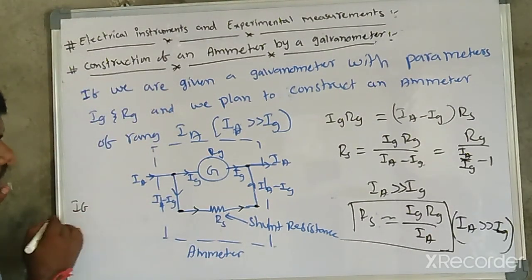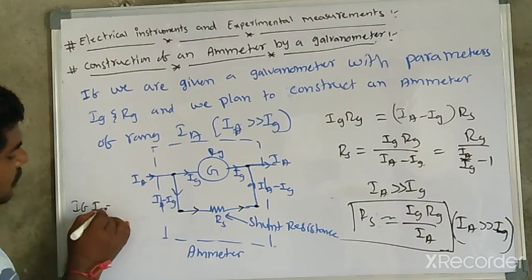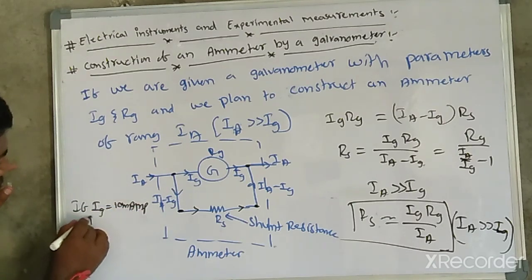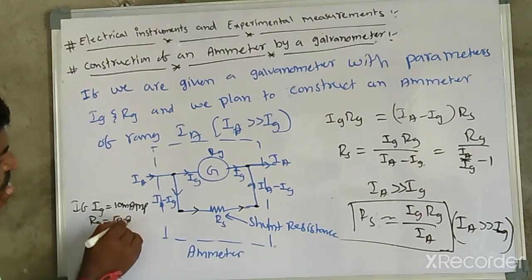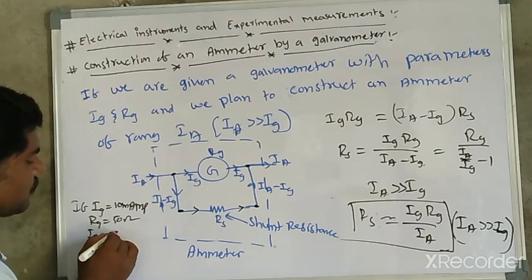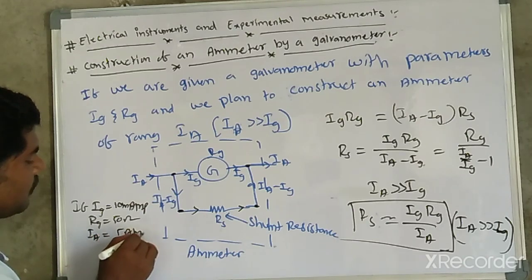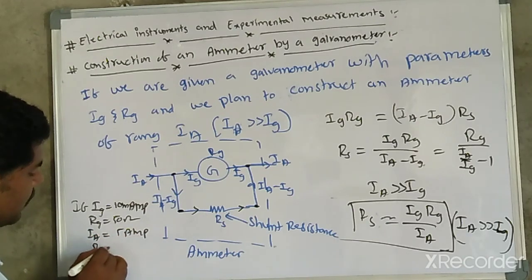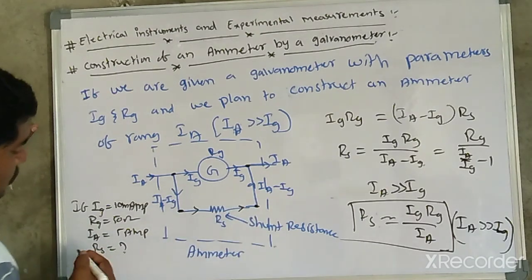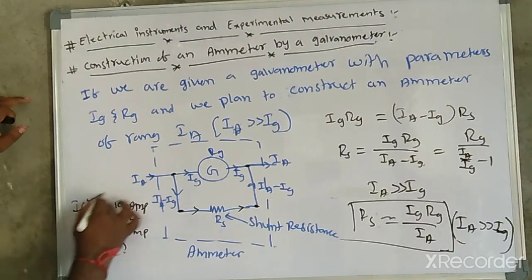So the question: if Ig is equal to 10 milliampere, Rg is equal to 50 ohms and Ia is equal to 5 ampere, find Rs. This is the question.